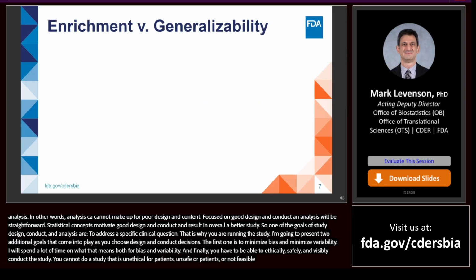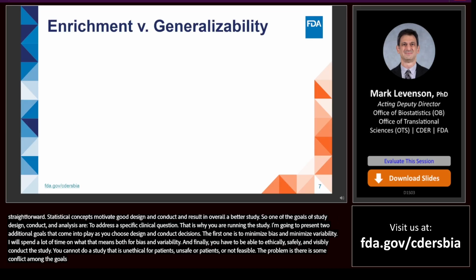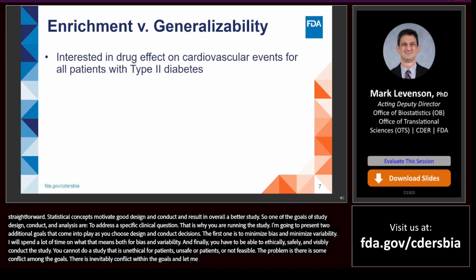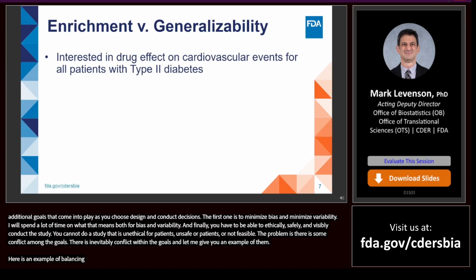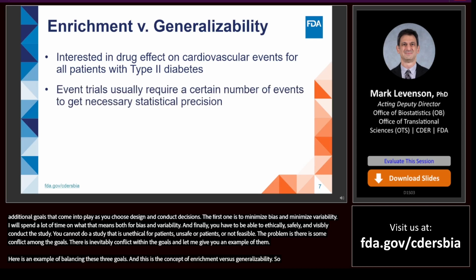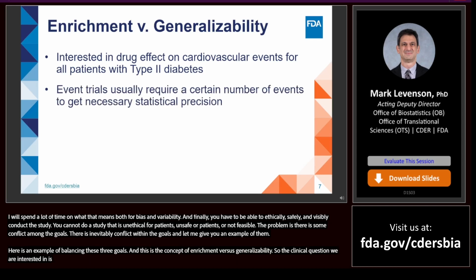Okay, here's an example of balancing these three goals. And this is the concept of enrichment versus generalizability. So the clinical question we're interested in is a drug effect on cardiovascular events for all patients with type 2 diabetes. And the emphasis here is on all patients. This is an event trial, so we're trying to measure cardiovascular events. Event trials usually require a certain number of events to get the necessary statistical precision.